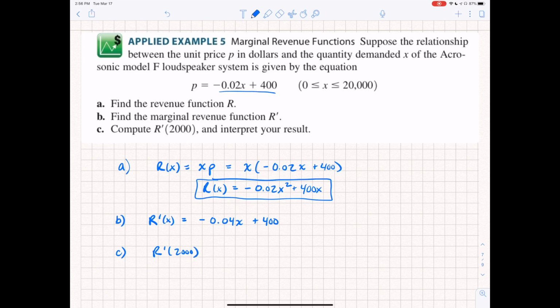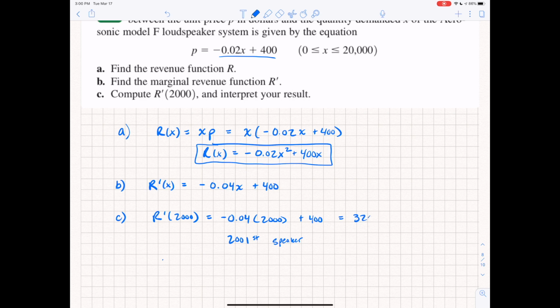So I'm going to take my answer in B, and I'm going to plug in 2000. Use my calculator to evaluate this. So negative 0.04 times 2000 plus 400 gives 320, or $320.